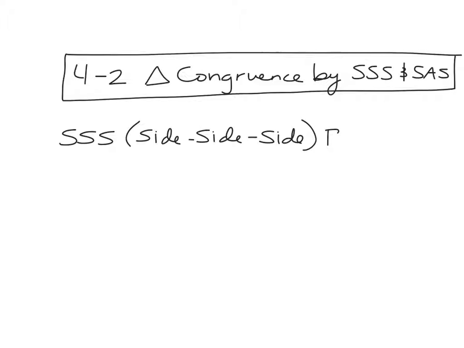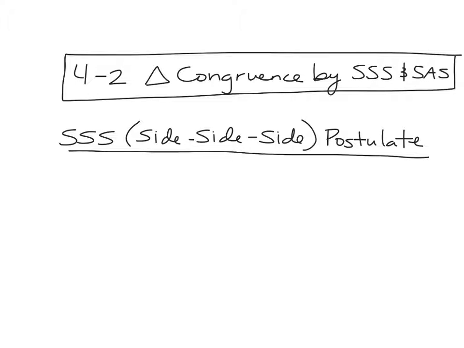And what the SSS postulate says is if the 3 sides of one triangle are congruent to the 3 sides of another triangle, then the triangles have to be congruent. So if you know the 3 sides are congruent, there is no way to make a triangle with those exact same 3 sides that has different angle measures. It's not possible.